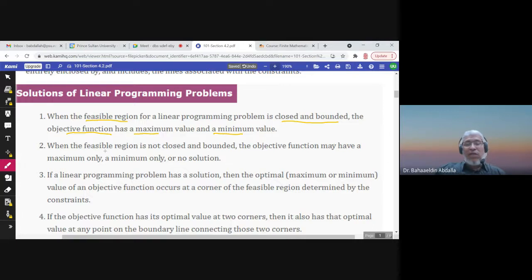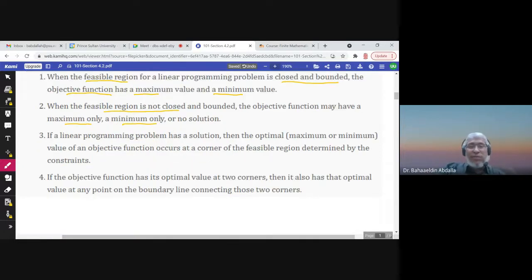While if the feasible region is not closed and bounded, the objective function may have a maximum only or a minimum only, or sometimes no solutions, as we shall see.